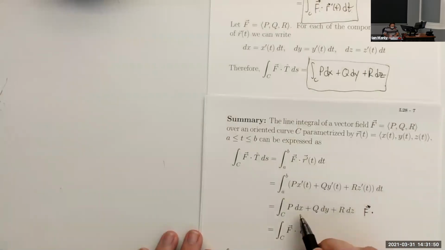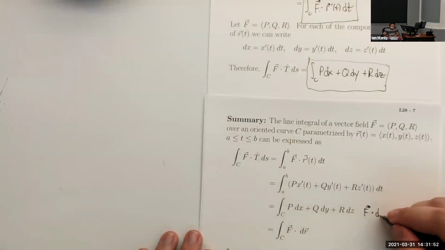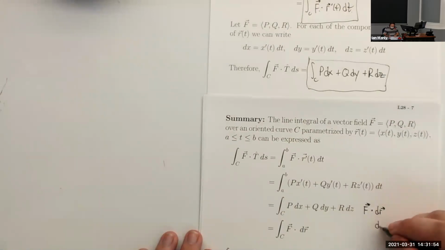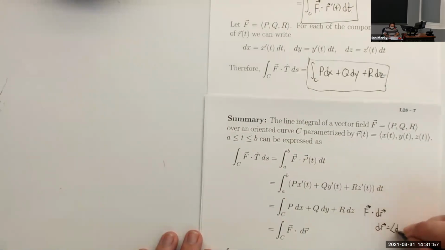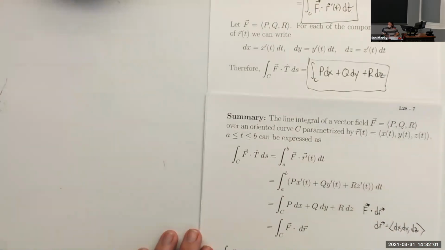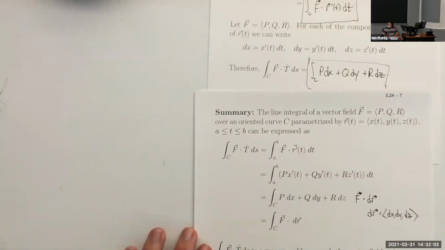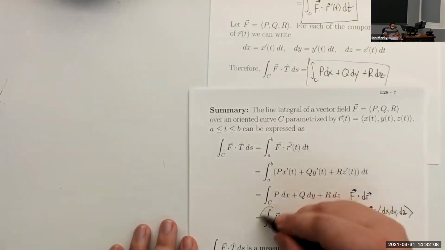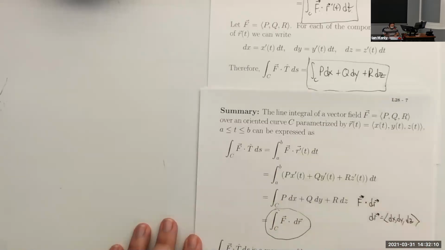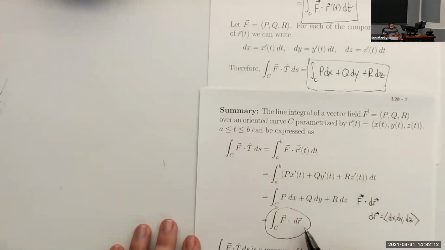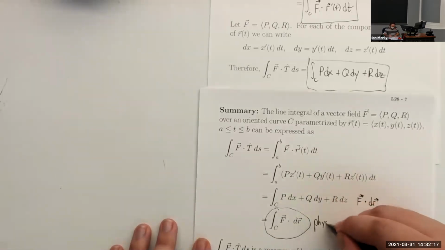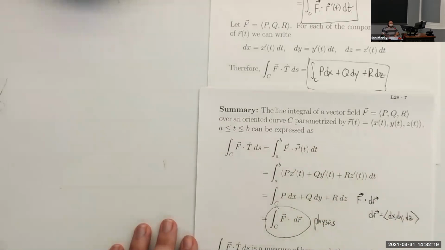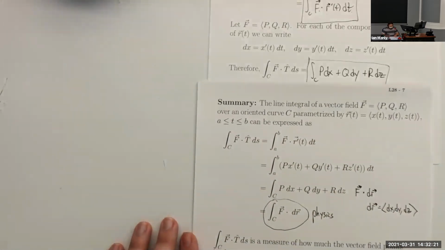So if you look closely, this is actually a dot product with what's called dr, where dr is dx, dy, and dz. So you can almost think of this as like a differential vector right here. So a final way of looking at these line integrals with vector fields is f dot dr. And this is a very common form if you do physics. This is probably how you'll see line integrals a lot in that case.